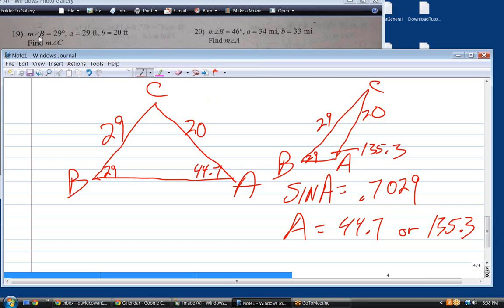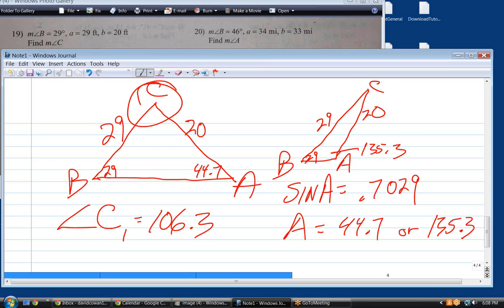So they want to find side C. Well, they want to find angle C. That's all they want to find. So I don't need to do much to find angle C here. What's angle C there? It's 106.3.